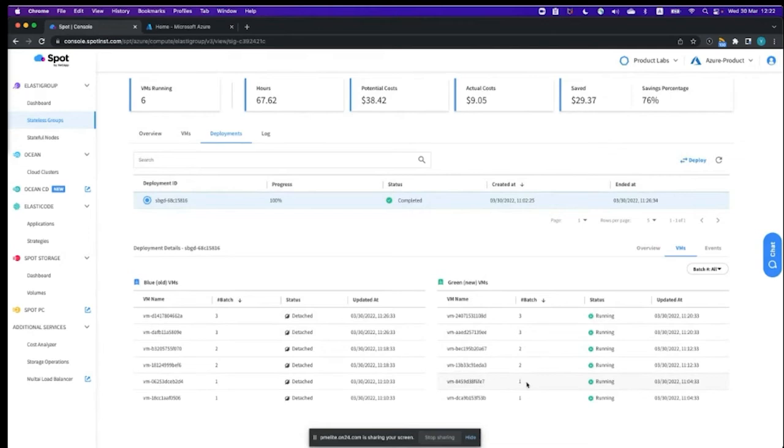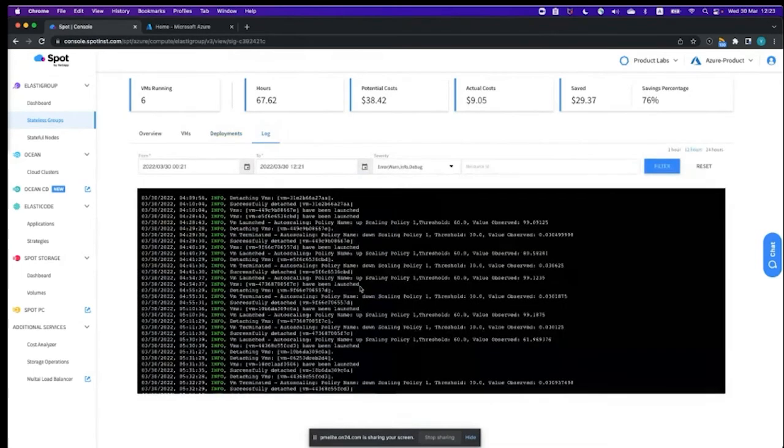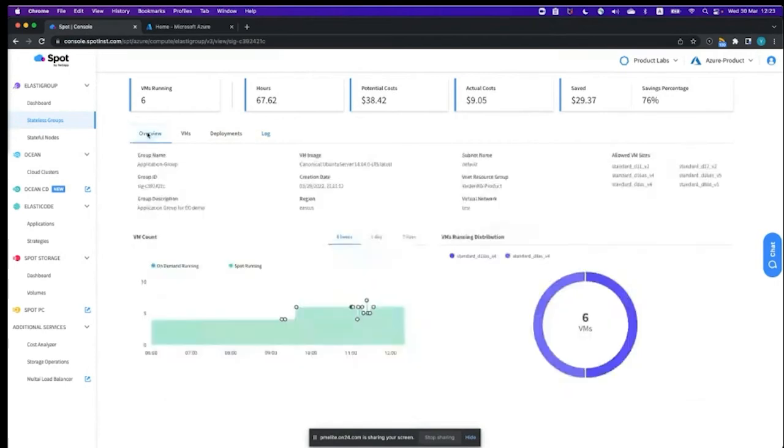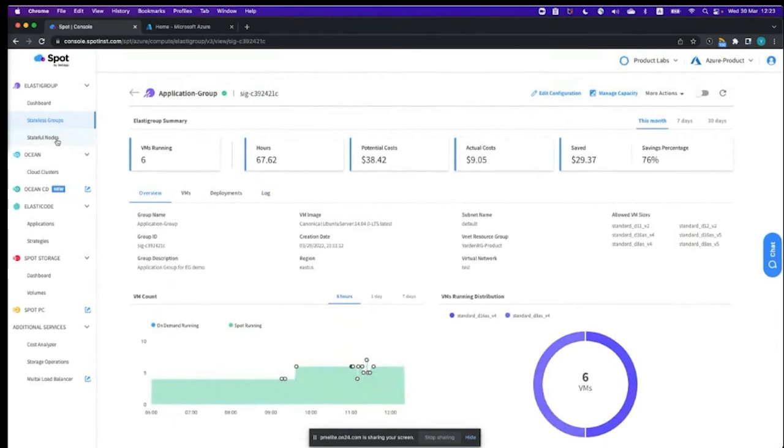In the first batch, two new VMs came up and got their health checks running, and then the old ones were removed, then we went back to the second phase, and so on. You can see the logs for that group as well, to see where we had an auto-scaling event and what scale-down procedures happened here. And now, just a quick peek at the stateful node solution.